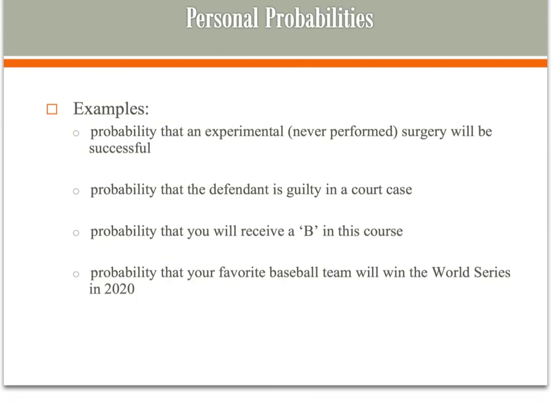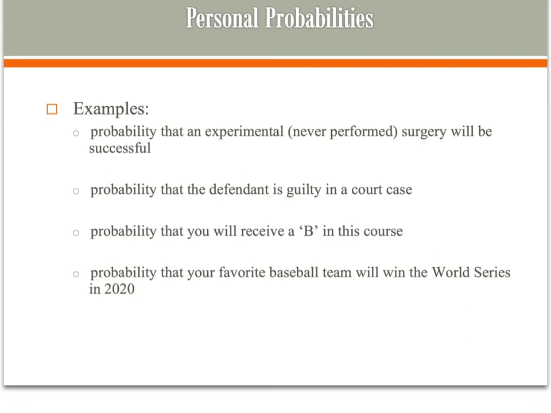So examples of that are the probability that an experimental surgery will be successful. You have no data to see how successful it has been. So it's a personal probability. It's a personal judgment call. The probability that a defendant is guilty. The probability that you will receive a B in this course.